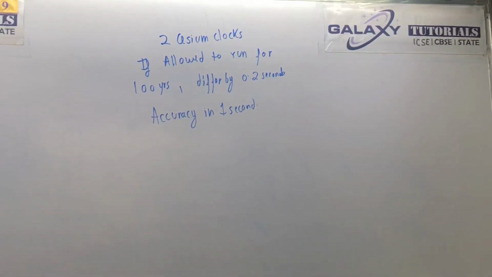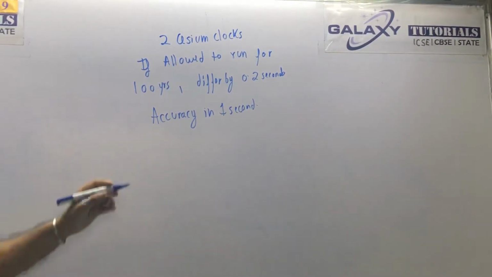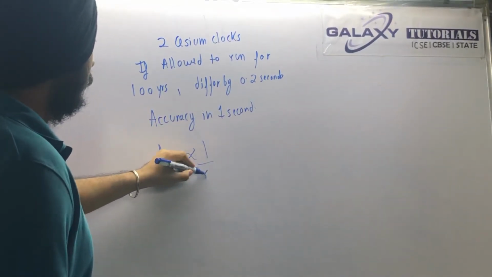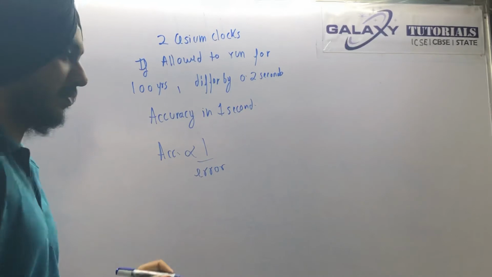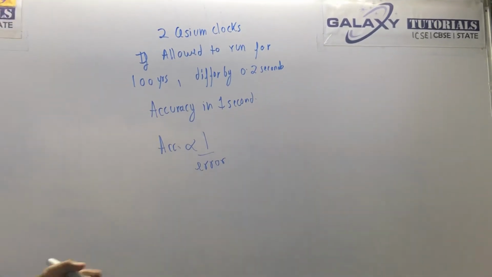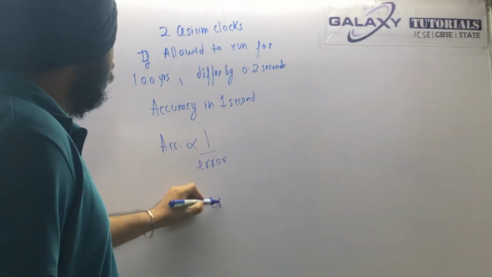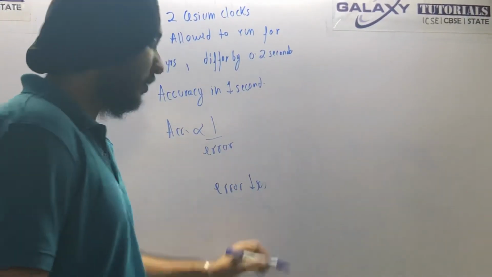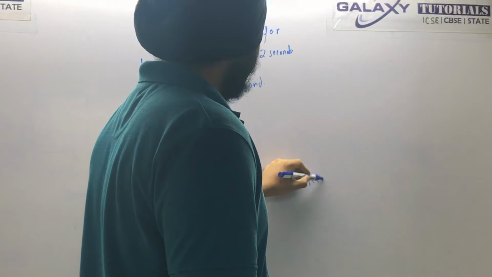Accuracy and error are inversely related to each other. Why? If the error decreases, what happens to accuracy? Accuracy increases, right?